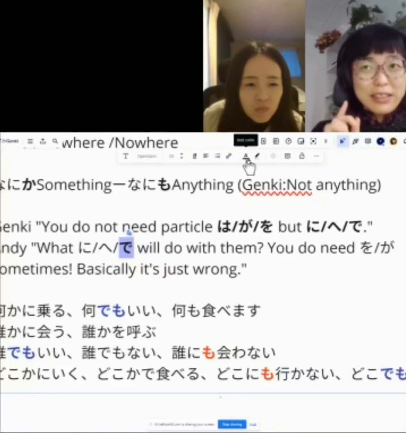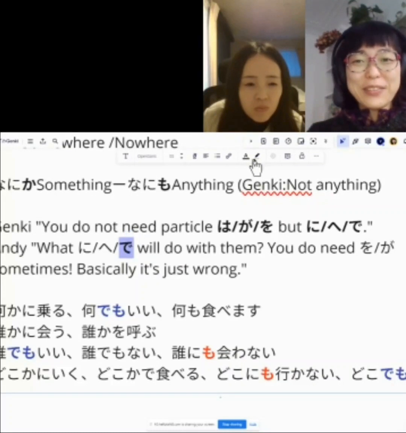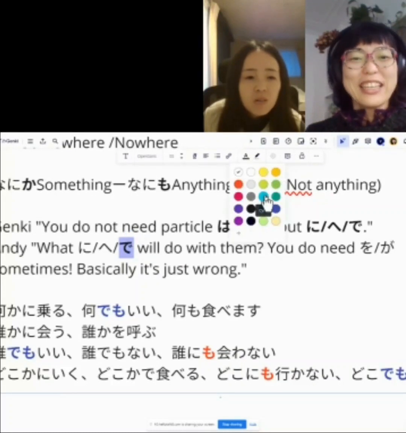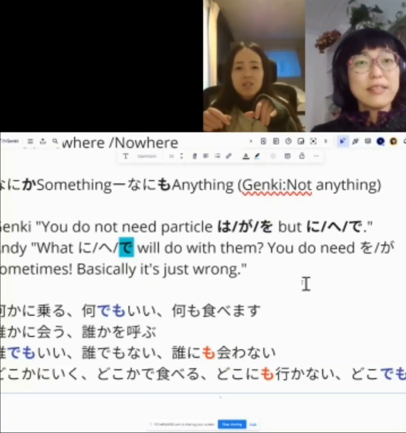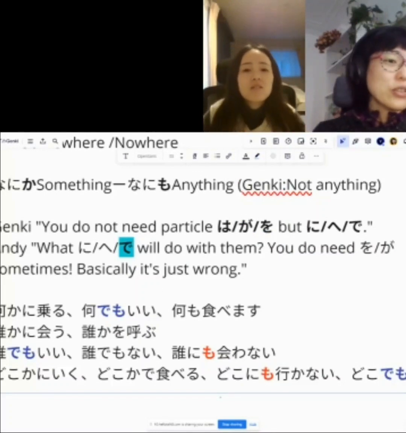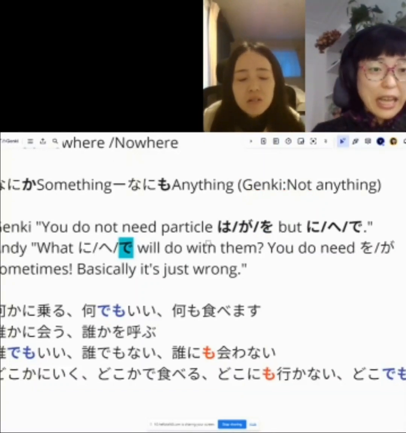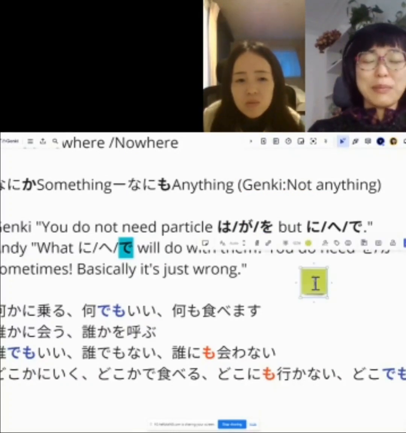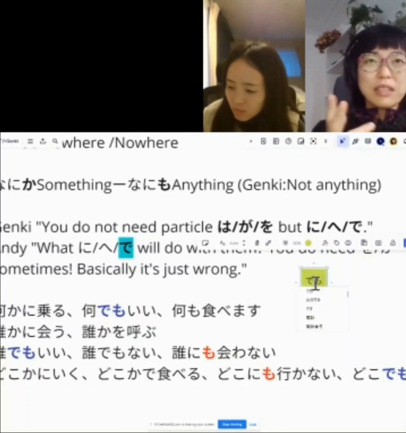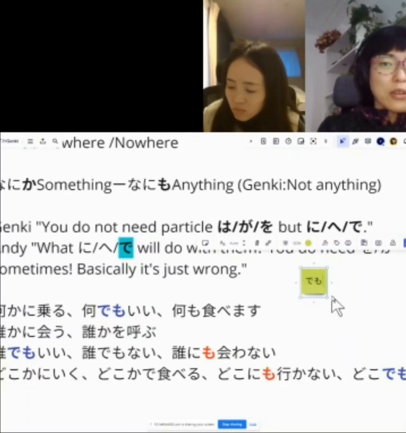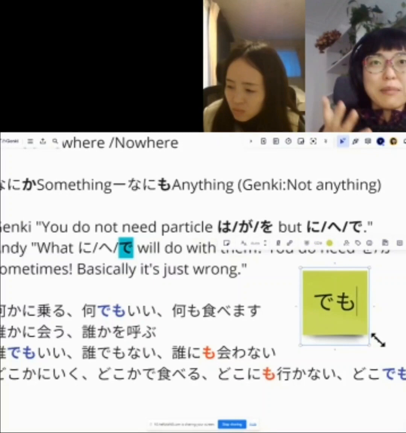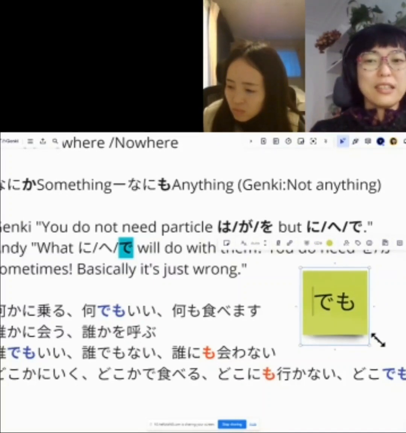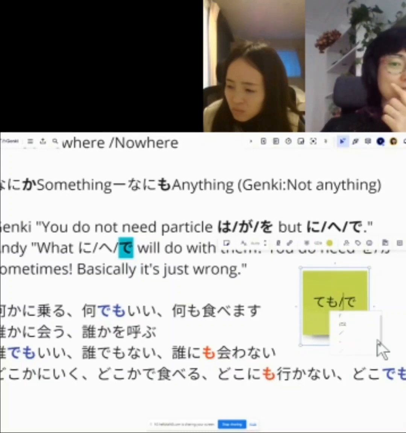De and mo consist of different grammar. So why combine? Yeah, if you encounter demo, that's already different grammar. Don't mix it up. That's Andy-san's point. Learners cannot separate them because they don't know. Without abundant input, you cannot tell what is going on here. And Genki didn't explain.